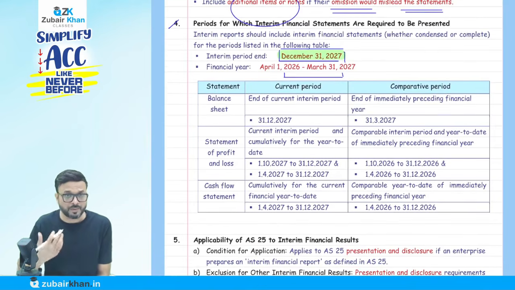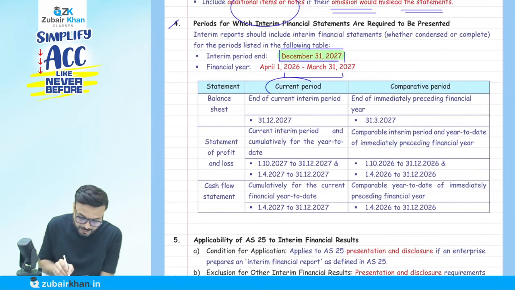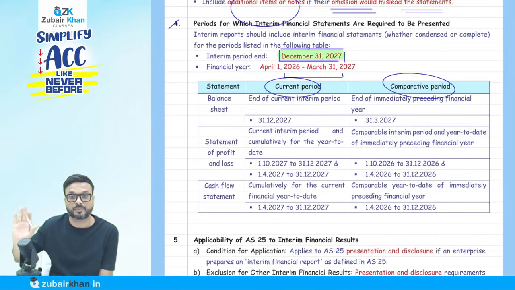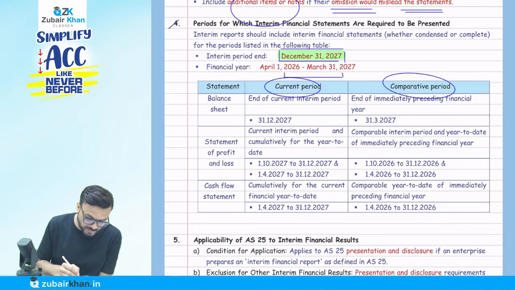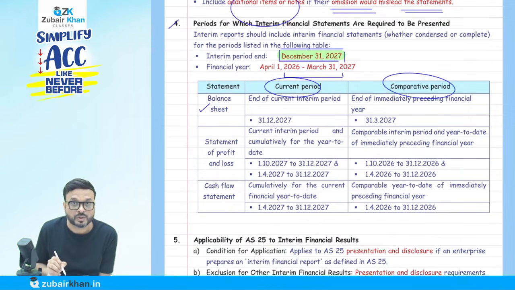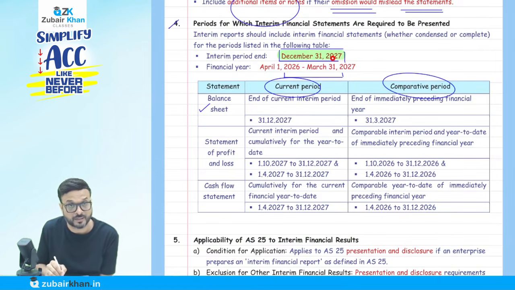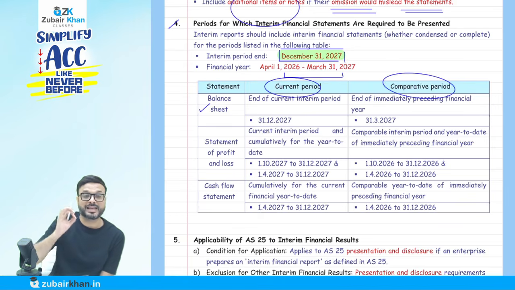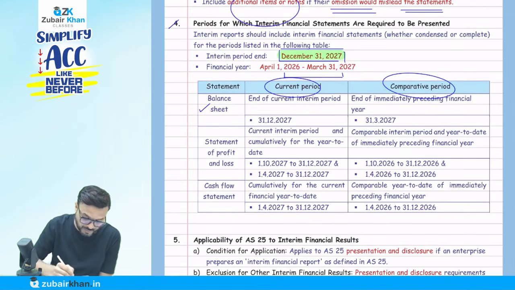Now, when we prepare the interim financial reporting, we have to present the current period as well as the comparative period, the previous period also. When it comes to the balance sheet, on which date is my interim financial reporting going to end? 31st of December 27. So my balance sheet date will be balance sheet as on 31st of December 27.